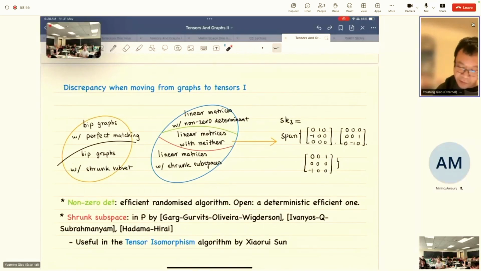And there's also big progress on understanding the complexity of the strong subspace problem. We now know that it's actually in polynomial time by 3 algorithms. The first algorithm is in the analysis flavor, by Garg, Gurvits, Oliveira, and Wigderson. The second one is by me and collaborators Gábor Ivanyos and Youming Qiao.